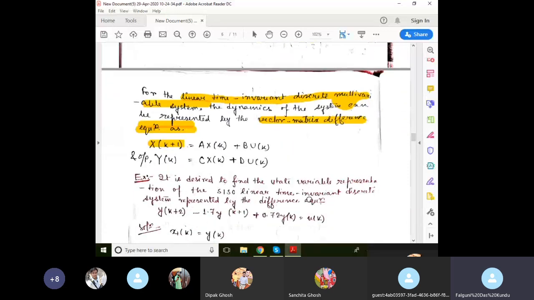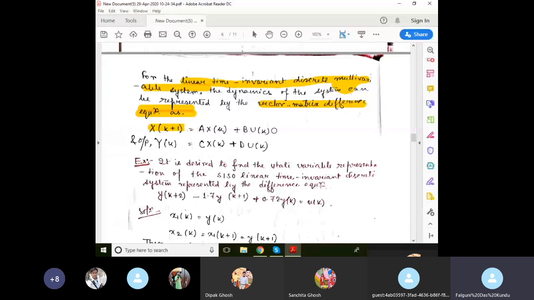Now, in case of a linear time invariant discrete multivariable system, the dynamics of the system can be represented by the vector matrix difference equation.